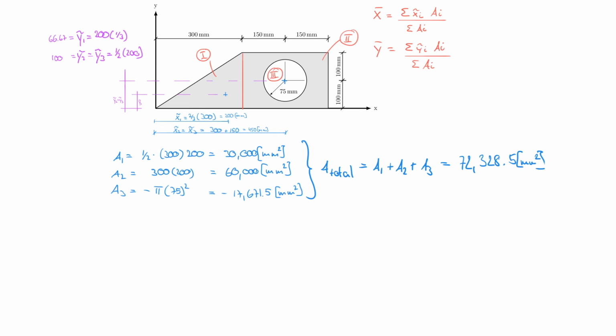So x bar happens to be x tilde 1. How much was that? That was 200 millimeters. And then I multiply that by the area, which is 30,000 millimeters squared. And then it's a summation.